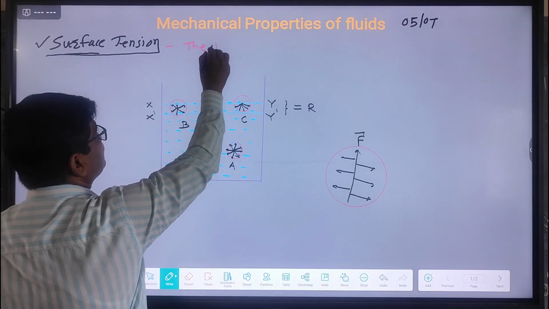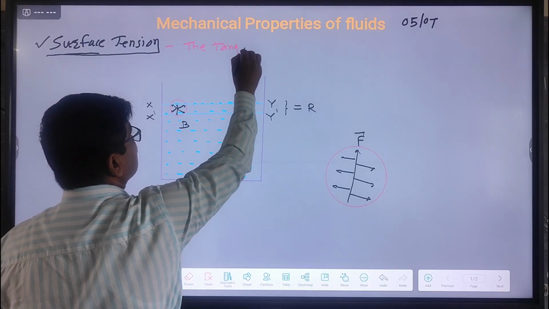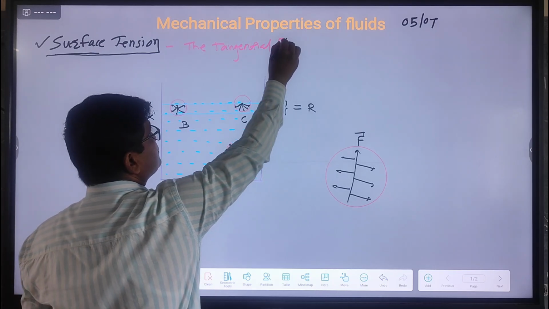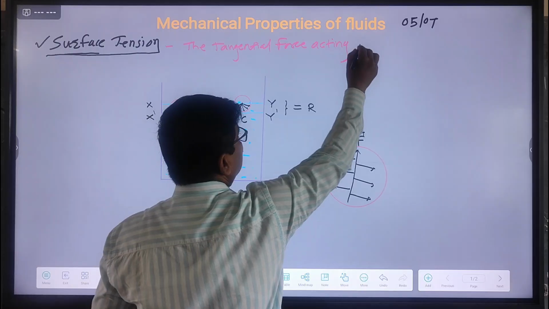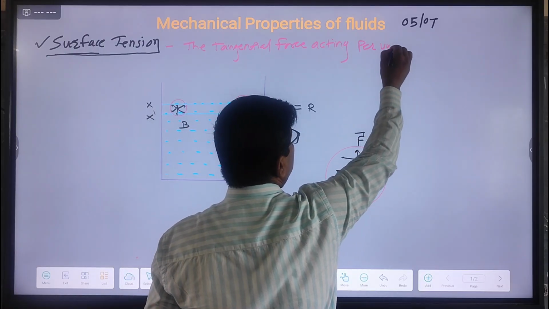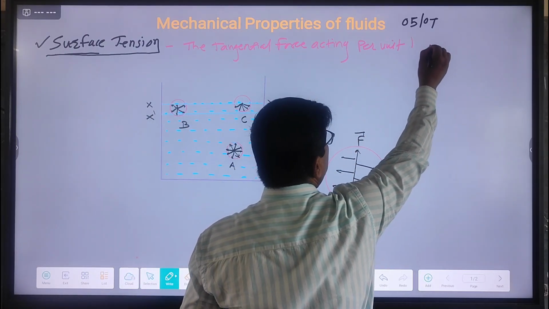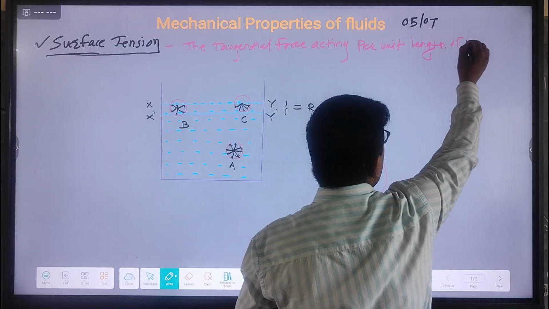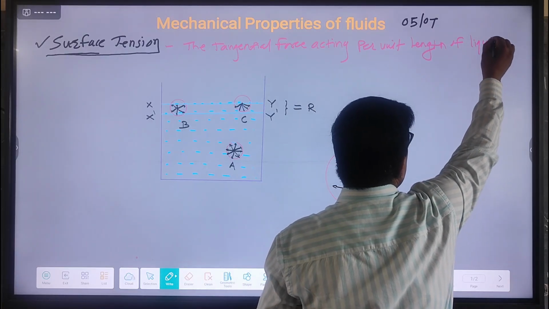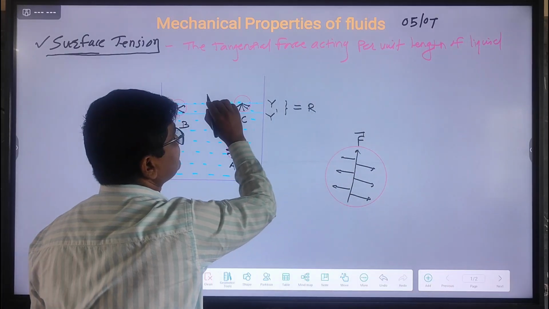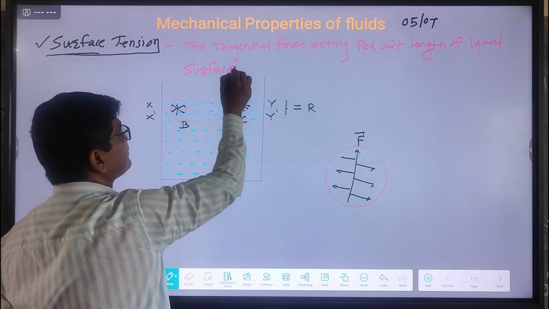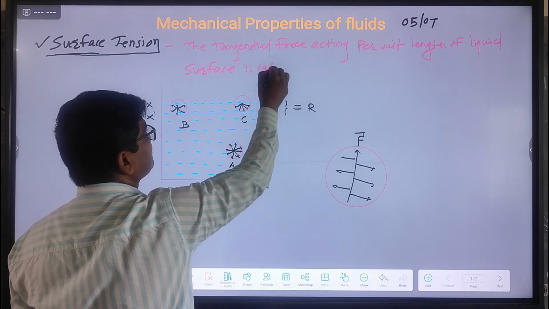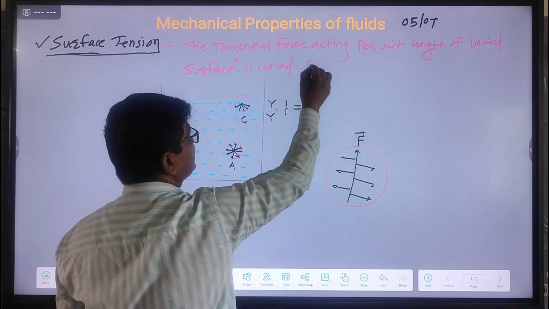The tangential force acting per unit length of liquid surface is called surface tension.